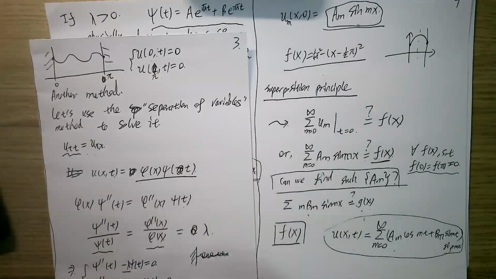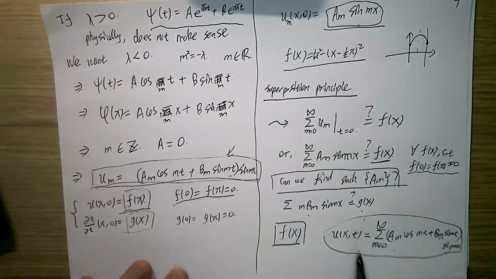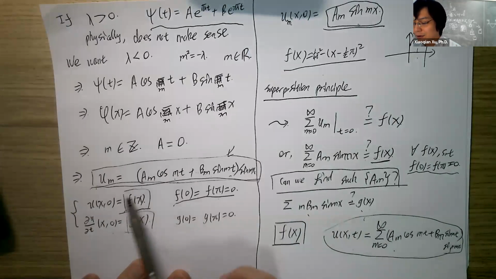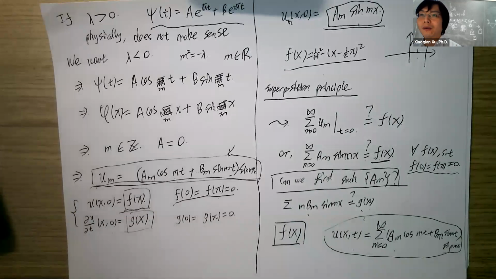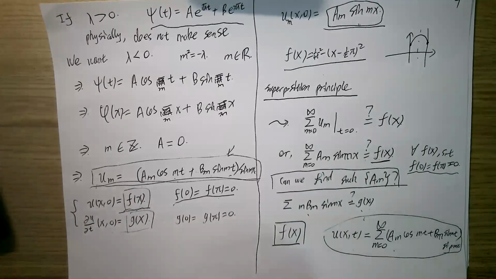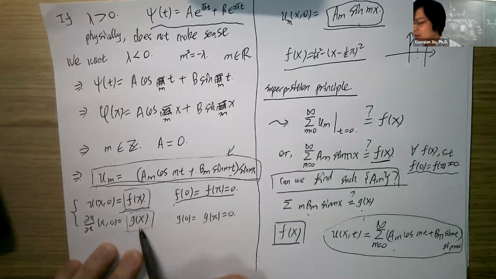Now, the last thing is, we want to satisfy our initial condition. This is the only restriction on this kind of thing. As long as it satisfies our initial condition, we are done. We find the solution, right? So we want to force it to satisfy our initial condition.